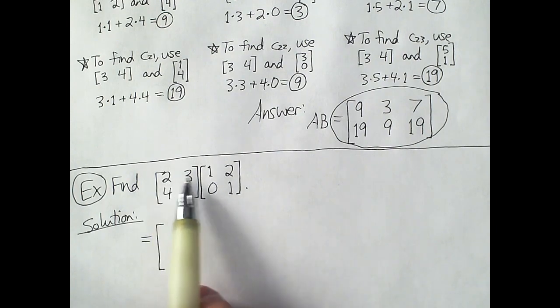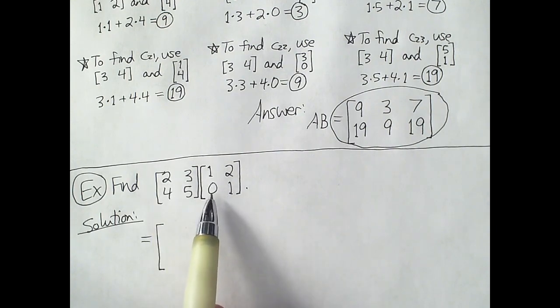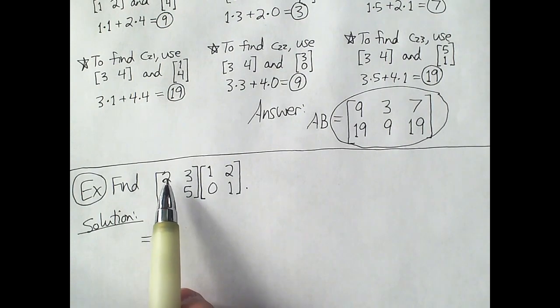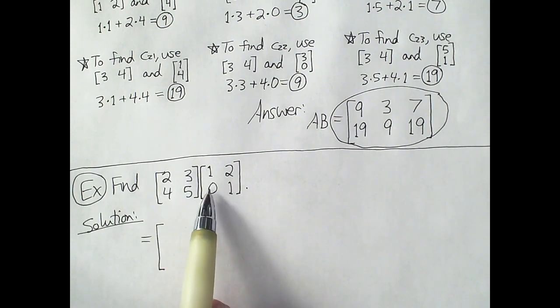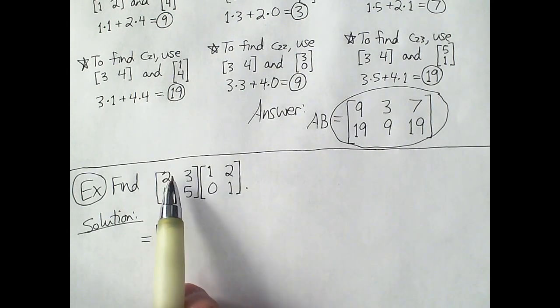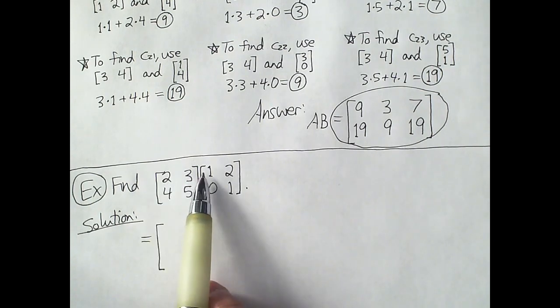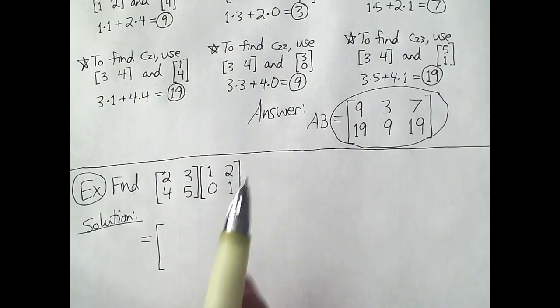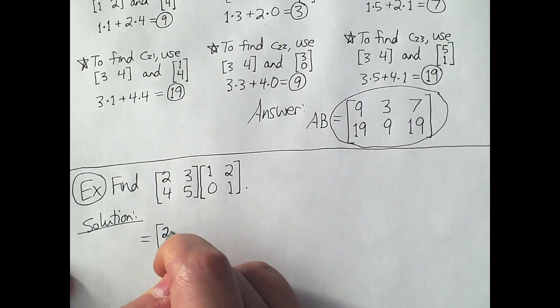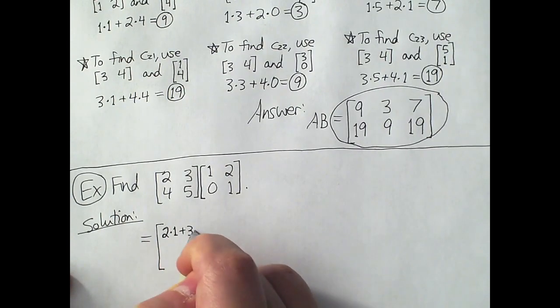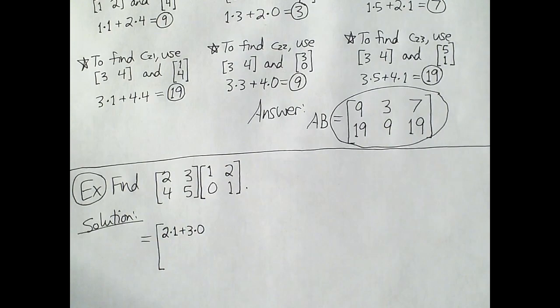So I'm looking at the 2, 3, and the 1, 0. How do they get combined with each other? It's going to be 2 times 1 plus 3 times 0. Let's just write that and leave it like that for now.